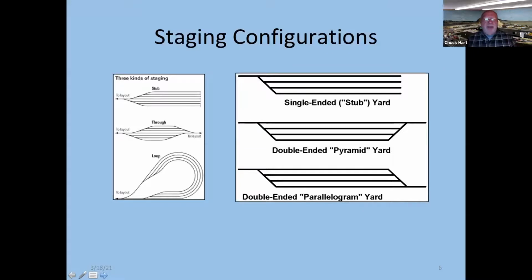You can have single-ended stubs, like it shows on the left and the right, so they're configured a little differently. Through staging, there again, they're configured a little differently, and the parallelogram yard is similar to the through staging. Okay, I think that's the last one I have of this.